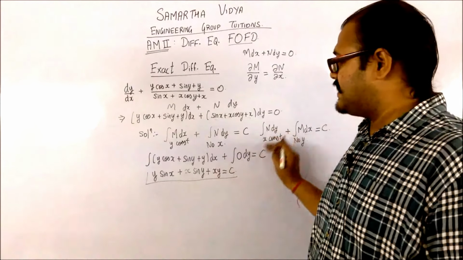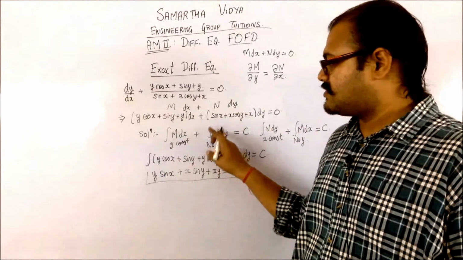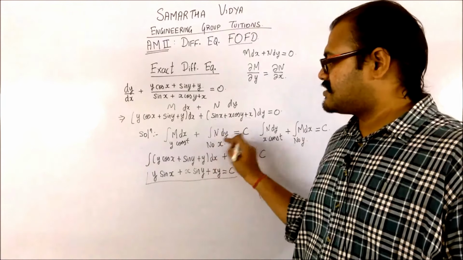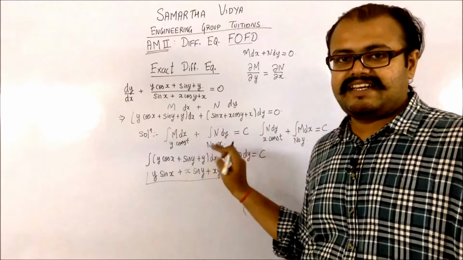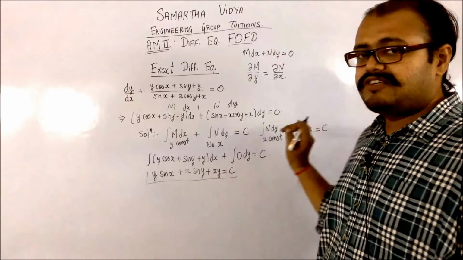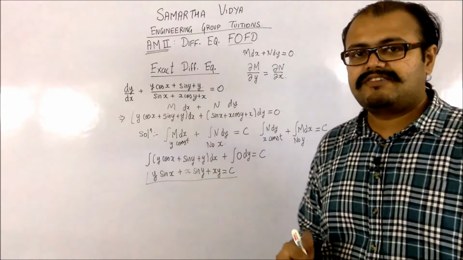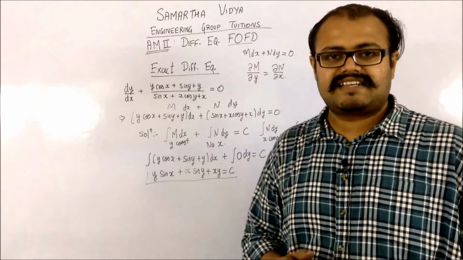If the integration of, let us say, n is quite difficult, then you will go for the integration of n dy this term, because most of the terms present in n will get nullified. If the integration of m is going to be difficult, then you go for the second one. So this is how you'll be finding your solution for your exact differential equation.